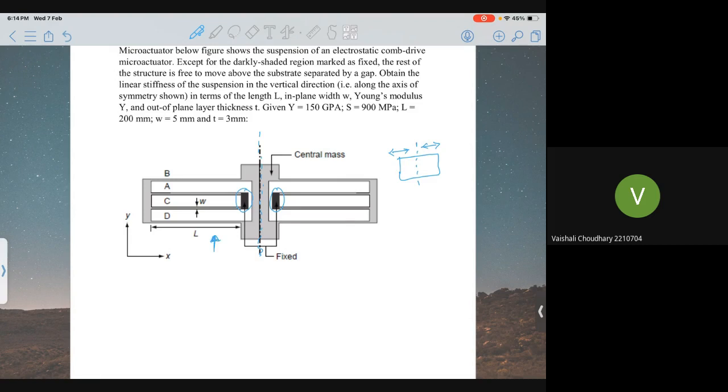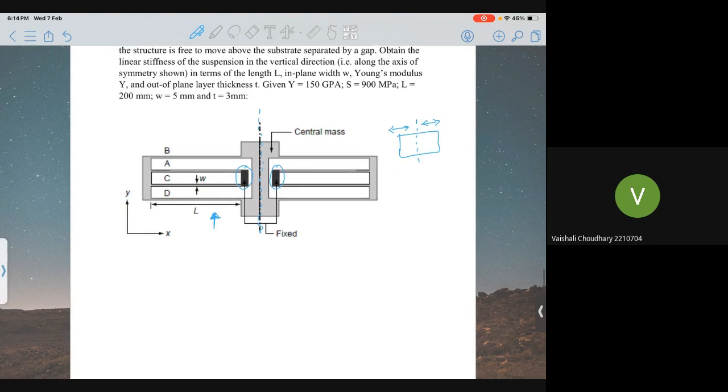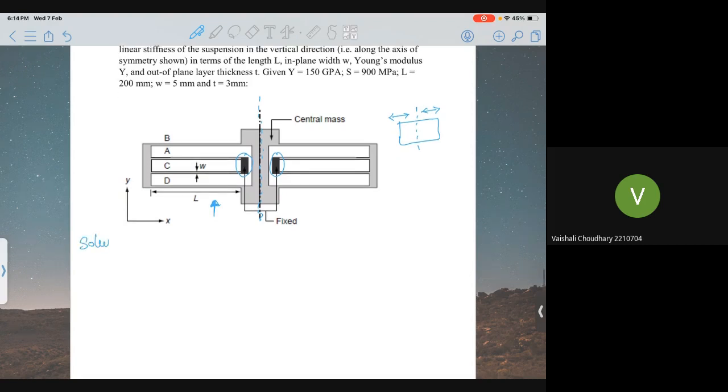If you notice carefully, as we solve this problem, if we apply a force in this direction, this point is fixed, right? This means B and A will experience the same force.